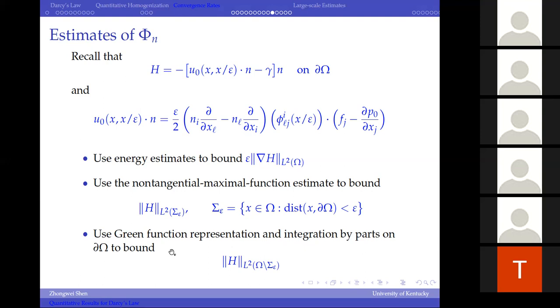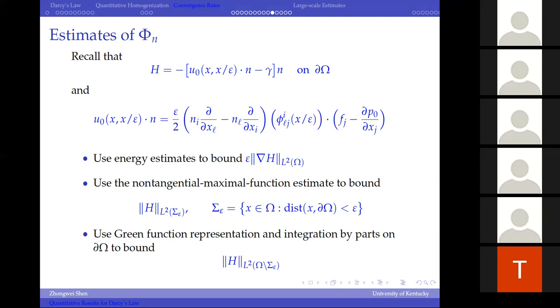And now you have to deal with the interior part. In the interior part, we're going to use the Green's function representation, as well as the fact that you have a tangential derivative. So for points away from the boundary, you write your solution as a Green's function times this boundary data. And then you bring this tangential derivative to the Green's function.